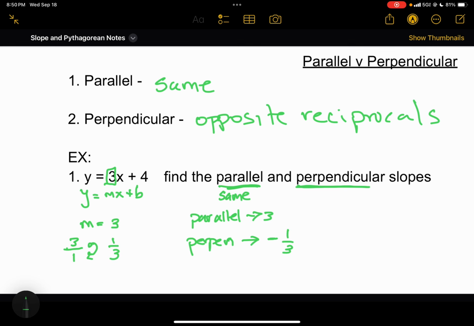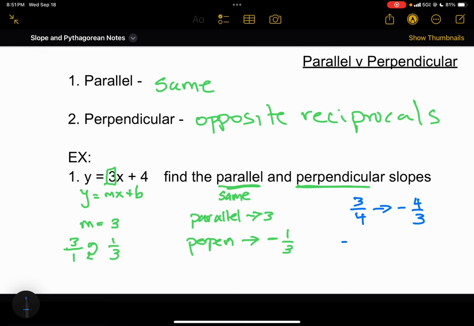So if I had a slope of, say, 3/4, its perpendicular slope would be negative 4 over 3. So I'm taking the opposite value, so it was positive, it becomes negative. And then I'm taking that fraction and I'm flipping it.